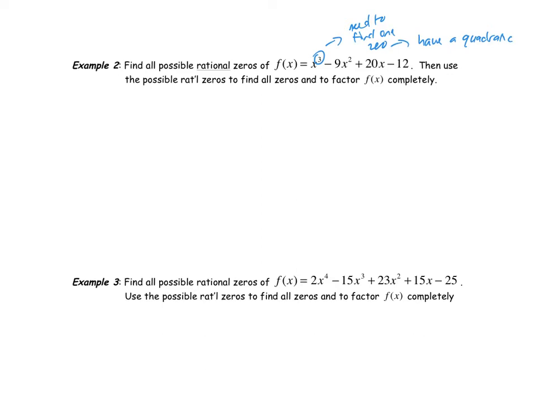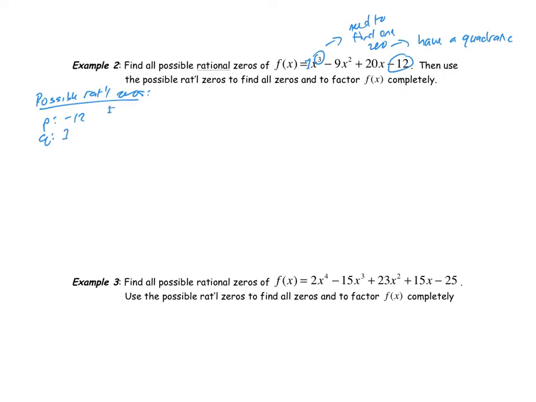Okay, so first thing we're going to do is find the possible rational zeros. We're going to use the rational zeros test. So P are going to be factors of negative 12. Q is going to be factors of the leading coefficient, which is 1.